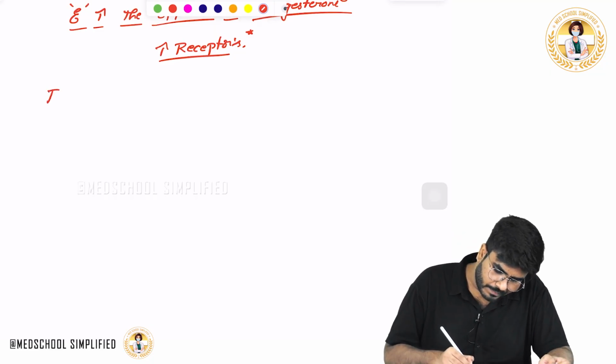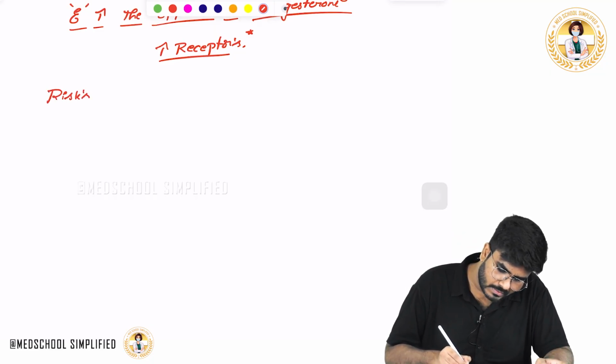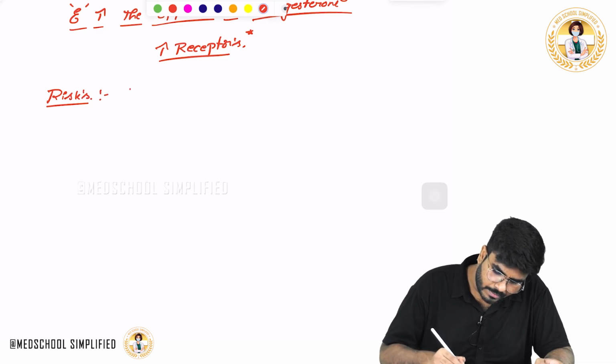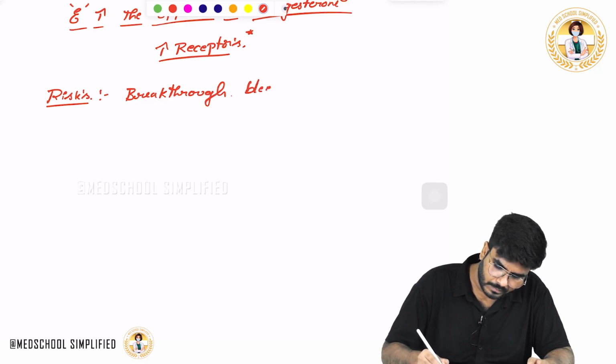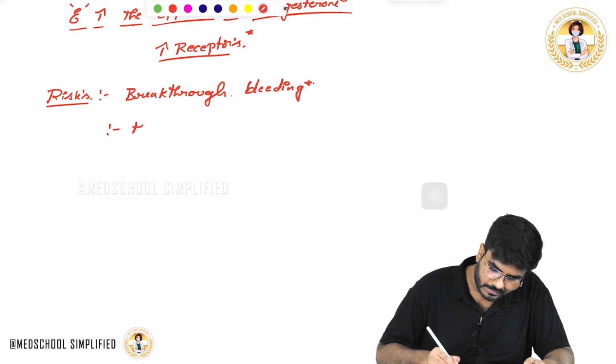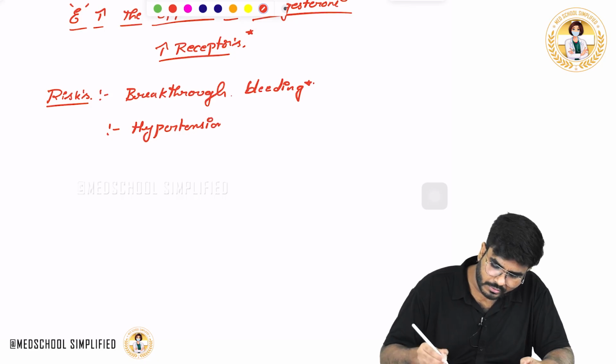Risks or complications: breakthrough bleeding. There can be hypertension. So whoever is using oral contraceptive pills can have a risk of hypertension, and breakthrough bleeding can be seen.